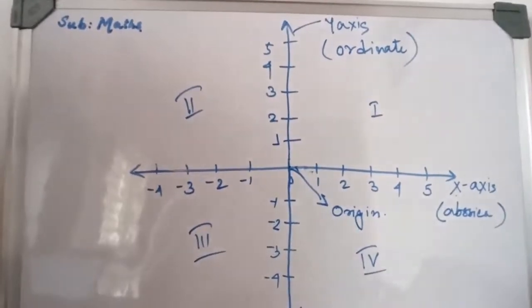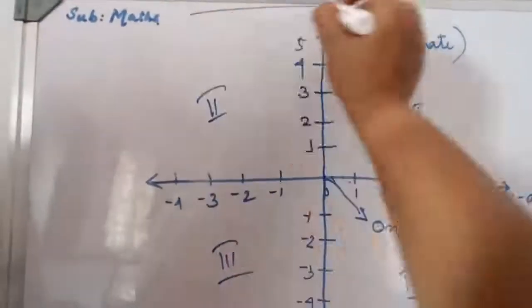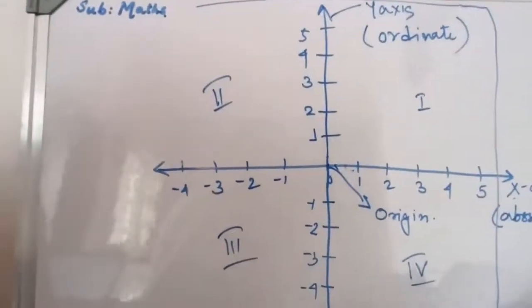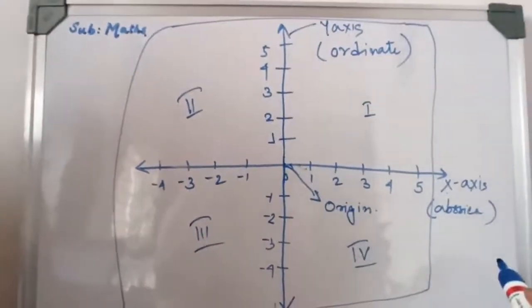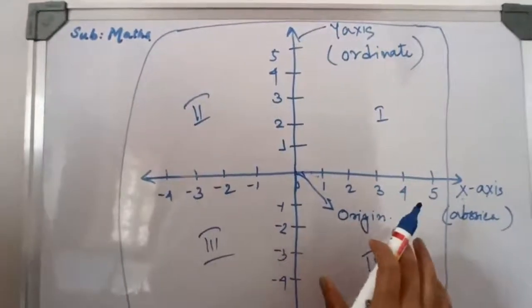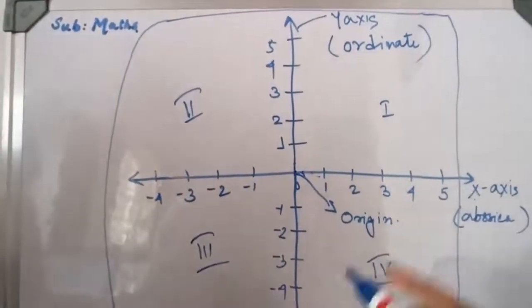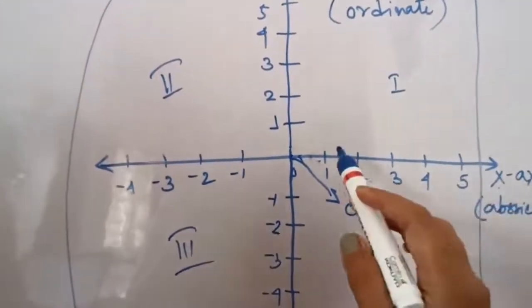Now if I consider this whole thing as a paper, I'm getting 4 blocks, correct? The first block has only positive integers.